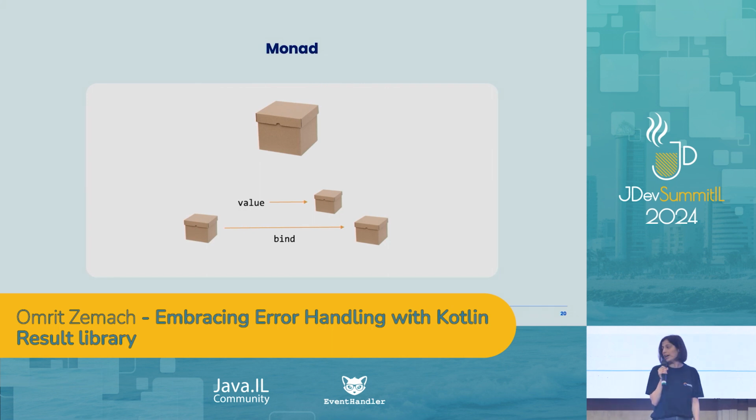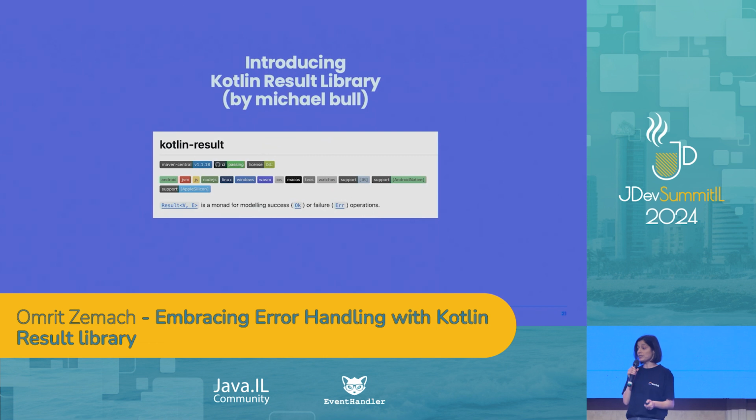It is also, by the way, implemented in the optional structures that you're probably familiar with. And it also turns out that we don't need to implement such a bind function ourselves, because there is an out-of-the-box solution, the Kotlin Result library by Michael Bull, which already uses a monad to model success or failure operations.